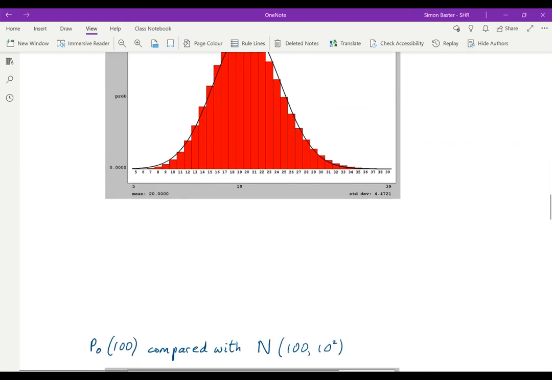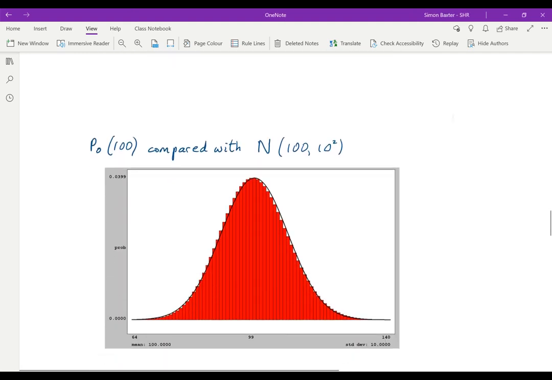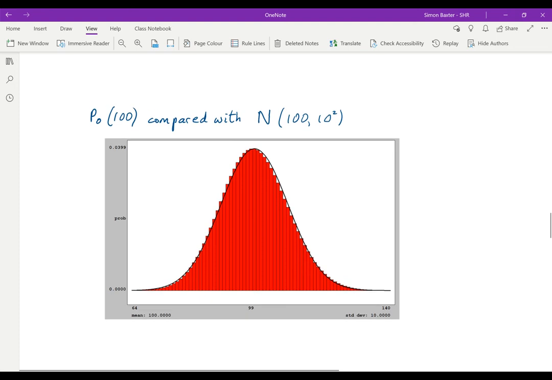Moving on again, 100. I don't need to point this one out to you. Now the agreement between the curve and the red rectangles is very close. So as lambda gets bigger, the agreement, the similarity between the normal distribution and the Poisson distribution gets better and better.